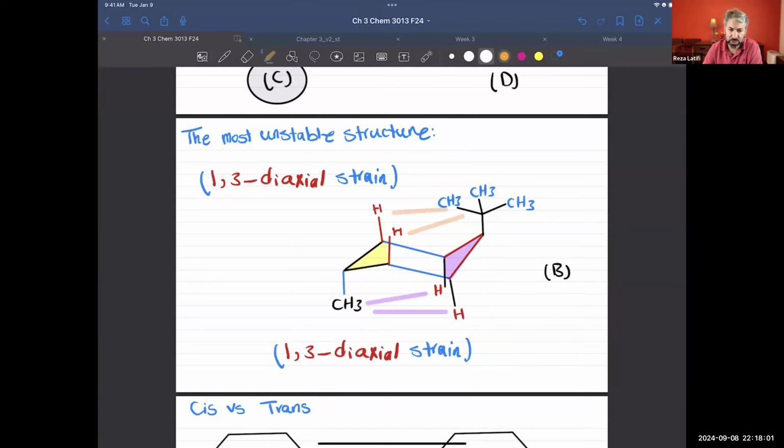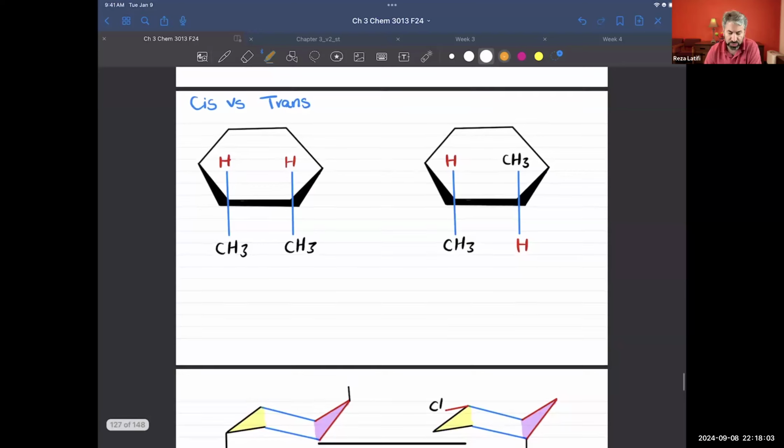As you see, we have huge 1,3-diaxial strain between the methyl and hydrogen, and the tertiary butyl group and hydrogen atoms. Now I want to introduce a new term that we call cis versus trans. When do we say two substituents are in a cis or trans position? If both groups are pointing in the same direction, we say they are in cis conformation.